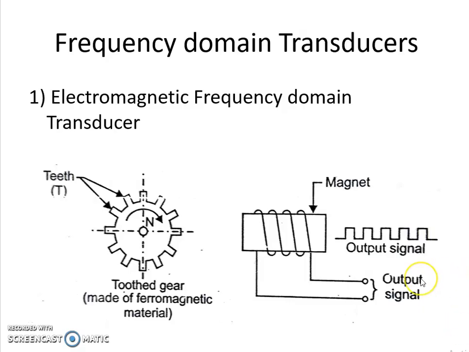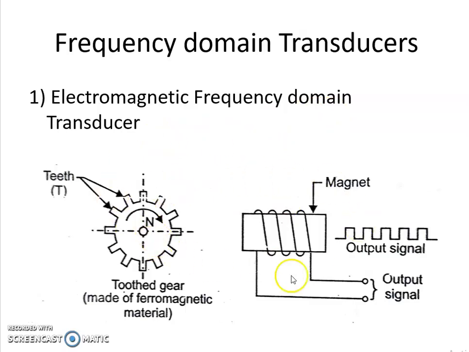There are three types of frequency domain transducers: electromagnetic frequency domain transducer, optoelectrical frequency domain transducer, and vibrating string transducer. Now let us see the electromagnetic frequency domain transducer.